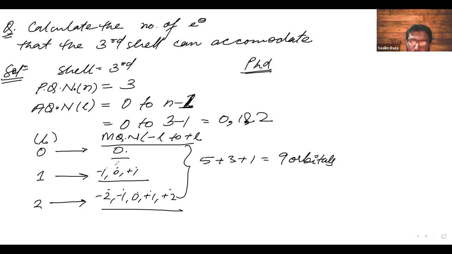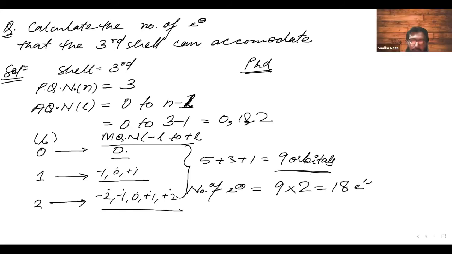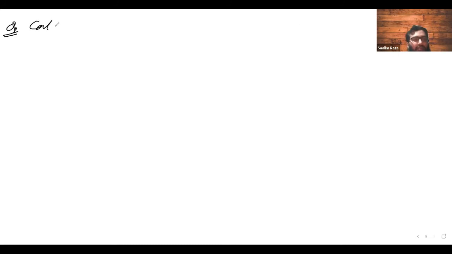The number of values of magnetic quantum number is equal to the number of orbitals. So the number of electrons will be 9 into 2. Very good. So this will be 18 electrons.